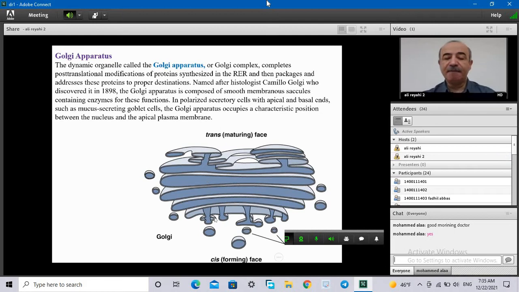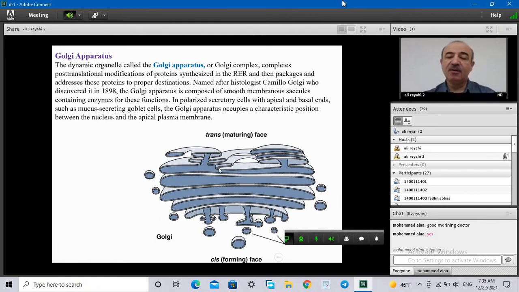Look at this picture. Usually the Golgi apparatus has a concave side. It's called cis, and this concave side is usually located near the nucleus of the cell. On the other side it has a trans face, which is convex.